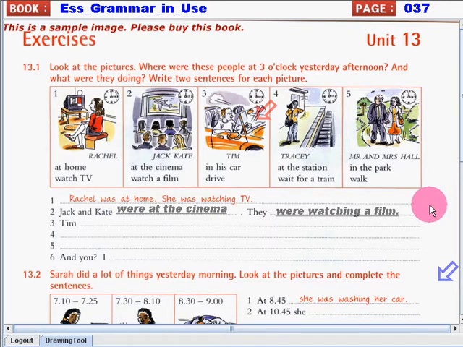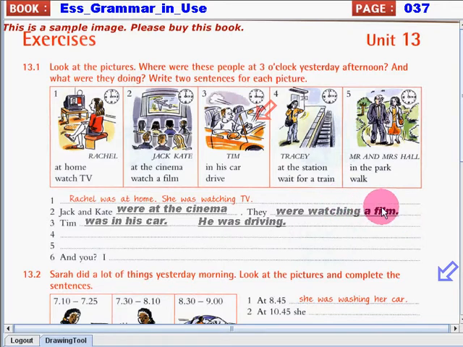Number 3, it's about Tim. In his car, drive. What is our first sentence? So, of course, Tim was in his car at 3 o'clock yesterday afternoon. So, what was he doing during that time? Of course, he was driving at that time. That's why he was in his car.